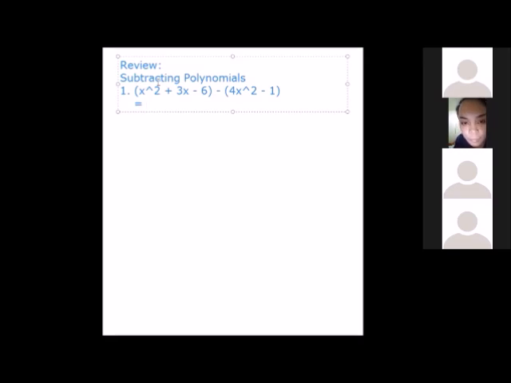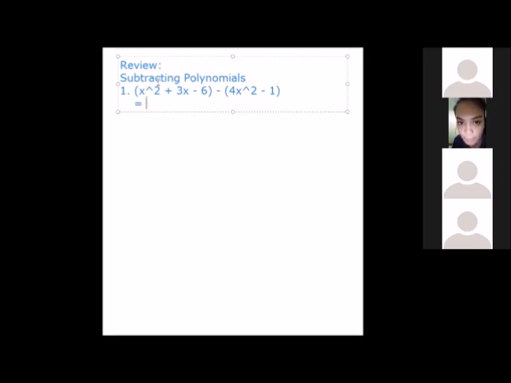Now, let us have first the additive inverse of the second polynomial, 4x squared minus 1. Ella, can you share with us? Plus 4x squared, ma'am, plus 1. Oh, okay.